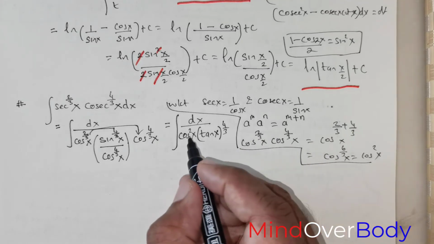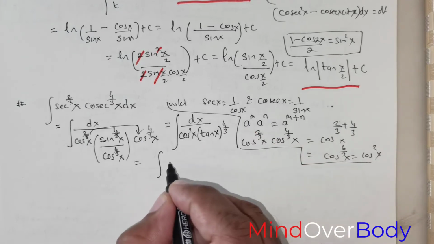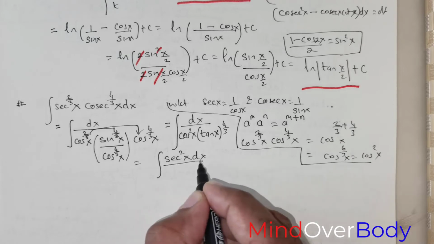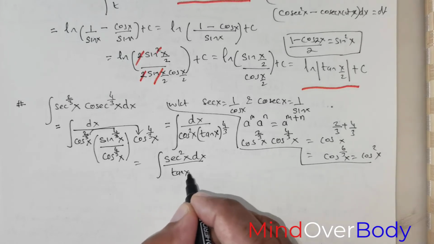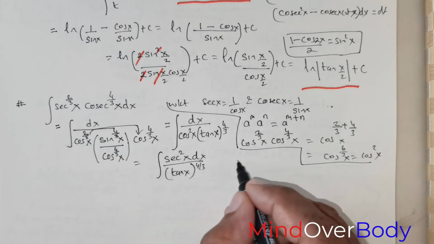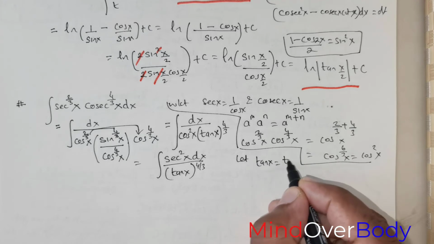Now 1 over cos x is secant x, so this is equal to integral secant squared x dx divided by tan x raised to the power of 4 over 3. Now I am going to make the substitution. Let tan x be equal to t.